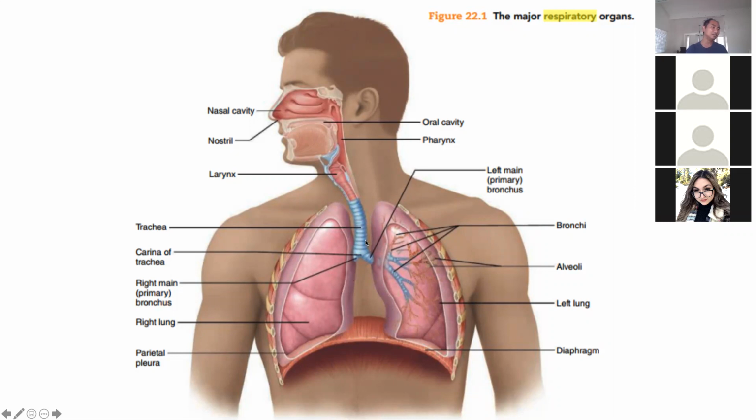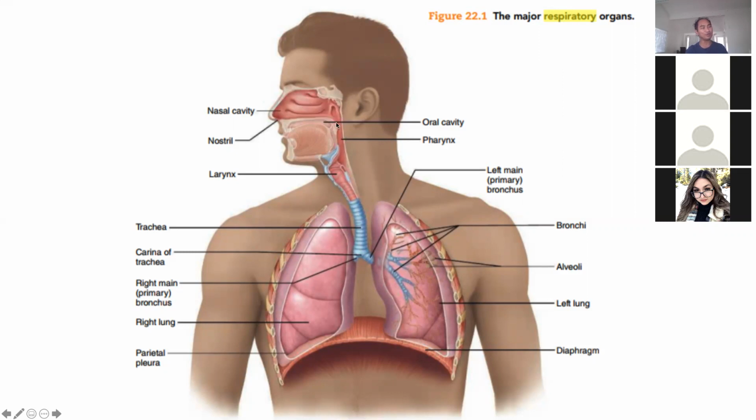Look at the respiratory tract. We have our nose, the aperture into the nose, the air goes in, 2, 1 on the right, 1 on the left. That is what we call the nostril. And inside the nose, we say the nasal cavity. From the nasal cavity, we go into the nasopharynx, oropharynx, and laryngopharynx.